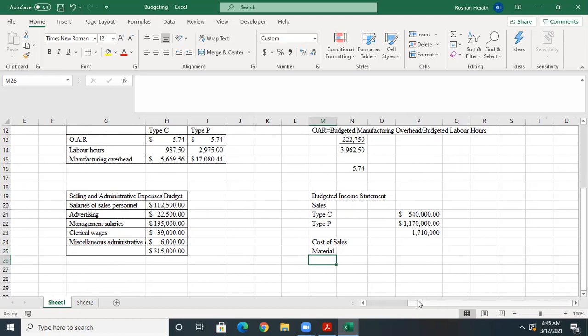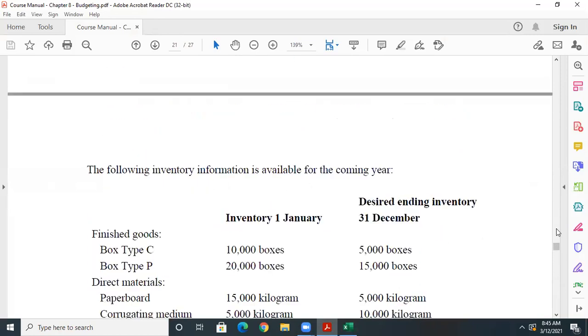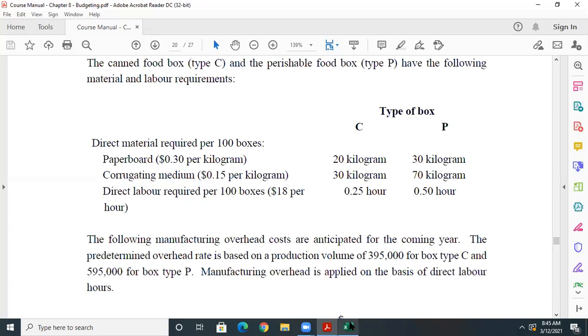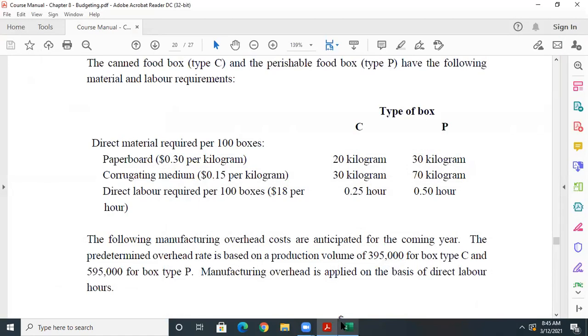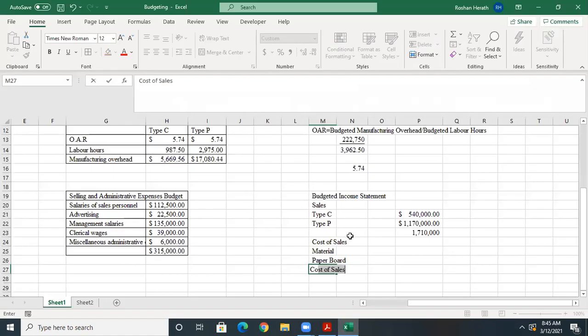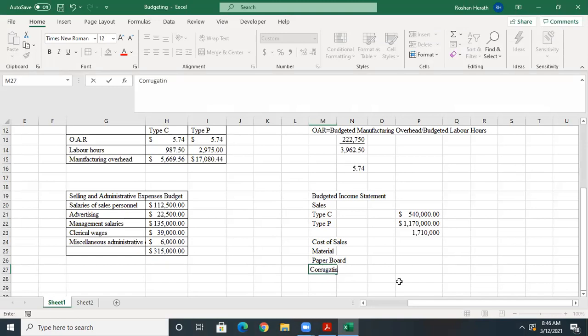So you have two types of materials, in fact: paper boards and the medium, right? So these are the two materials that you have.